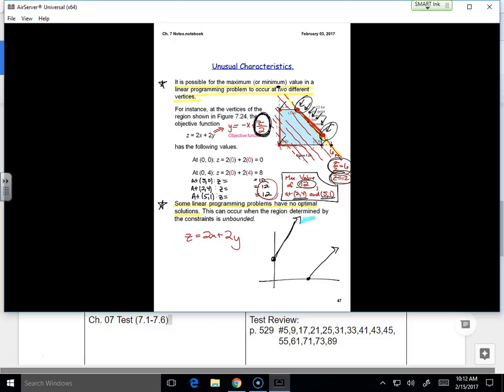Is this a problem? Because they're both extending into a region by which we have no means of end. Ooh, no means of an end, what does that mean?